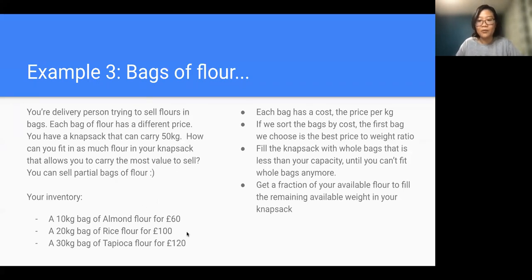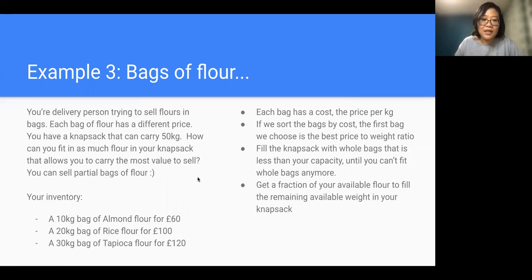We went through a naive solution earlier before I got disconnected, where we take the biggest bag available with the most price and choose that, as long as it's less than 50 kilograms. And then you go on, repeat until you have enough big bags to fit, and then put the rest as partial weight of it, right?